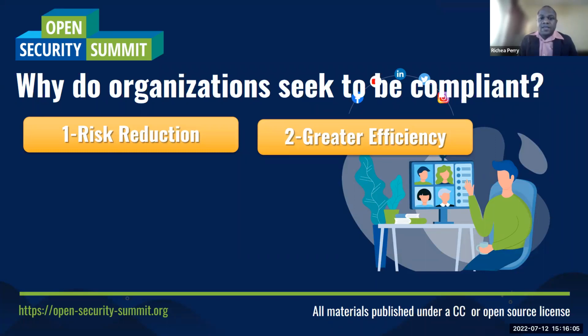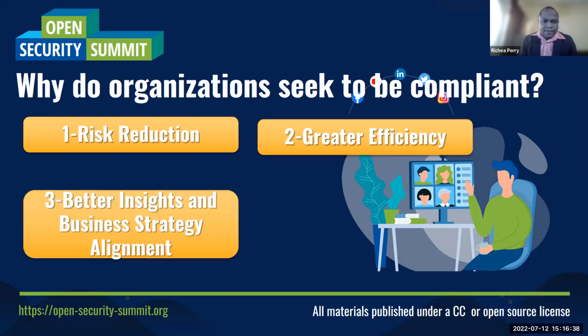Every business needs efficiency, and there are two ways to improve your bottom line in any business: you want to increase revenues or decrease costs or expenses. And increasing revenue takes a lot of work, right? So that's one of the things, greater efficiency within the organization.